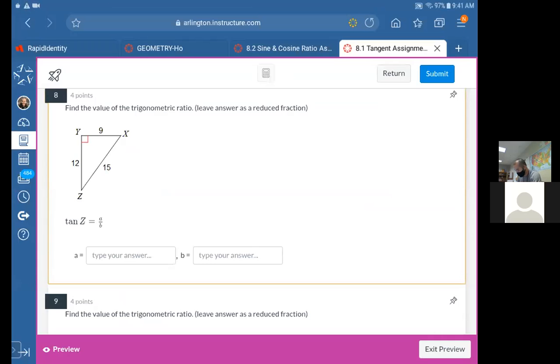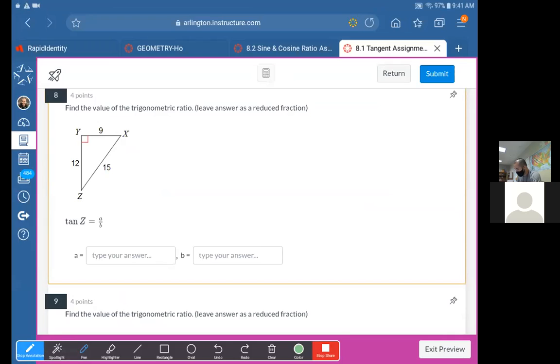Do I have annotations? Yes, I do. Here we go. So tangent of z. So z is over here. Tangent of z equals opposite over adjacent. Here you have the hypotenuse. It's across from the 90. Adjacent means touching.